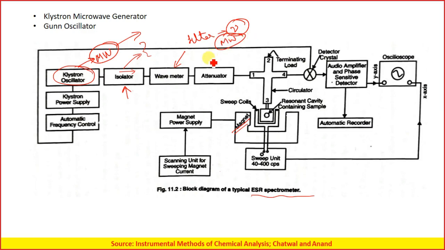So it is basically a wavelength selector. After a particular frequency is selected, it goes through the attenuator, where the intensity of the microwaves is reduced and made suitable for this ESR or EPR experiment.